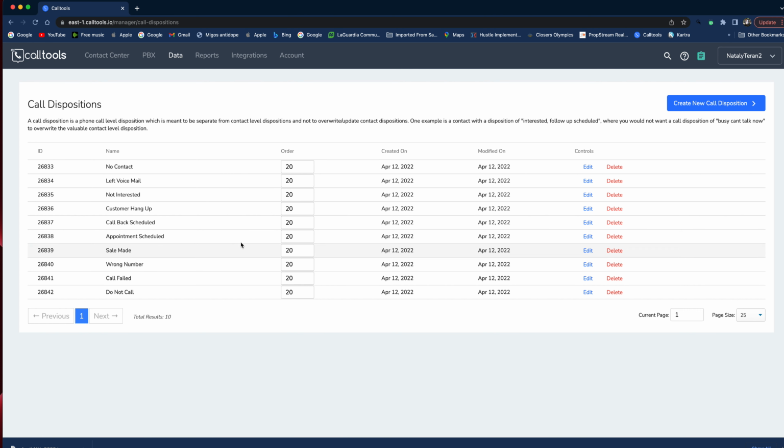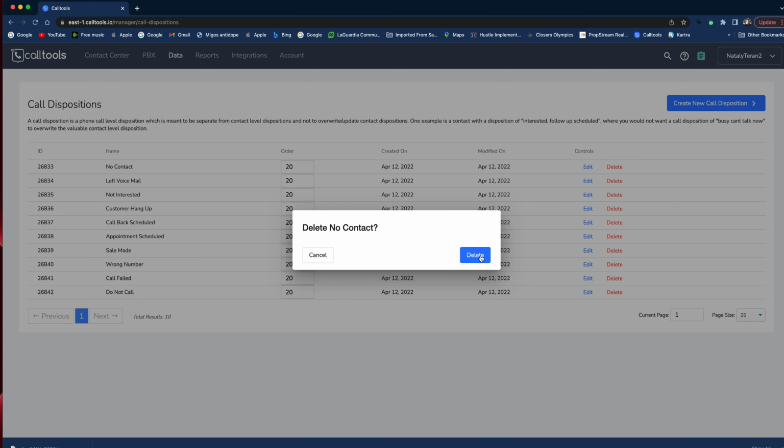So let's go through these call dispositions. There's a lot here that I don't use, and you shouldn't. Just be very simple and keep this minimalistic and don't have many dispositions, because I just try to keep it simple. So no contact, I don't really use that one.